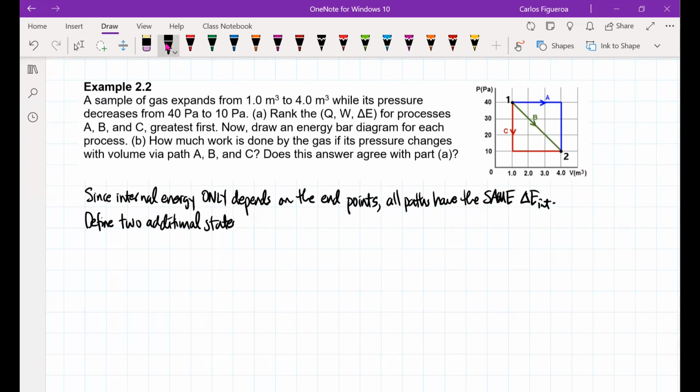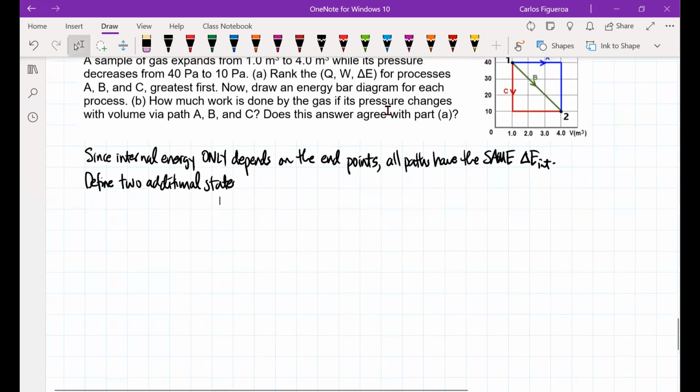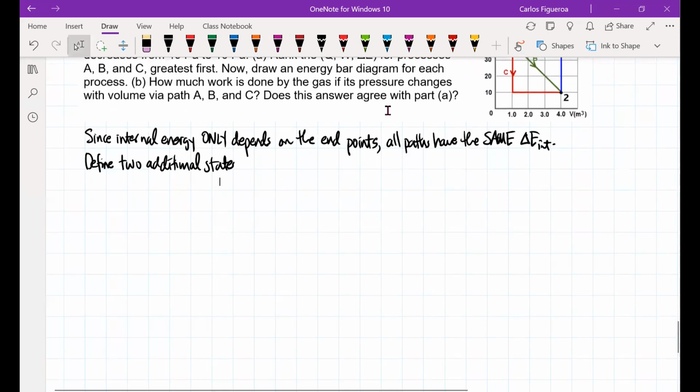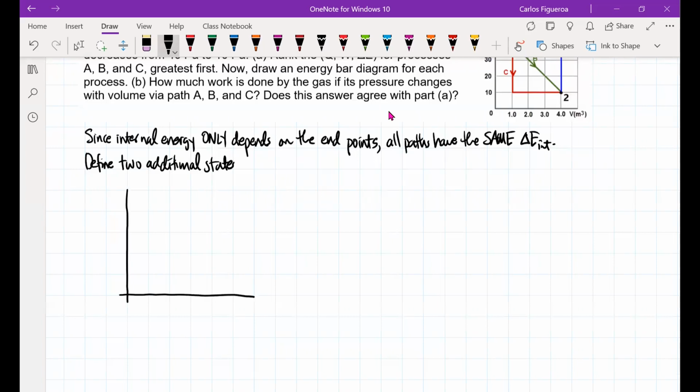So if I look at my graph, here's my 10, 20, 30, 40, 50, and all of these are in units of pascals.